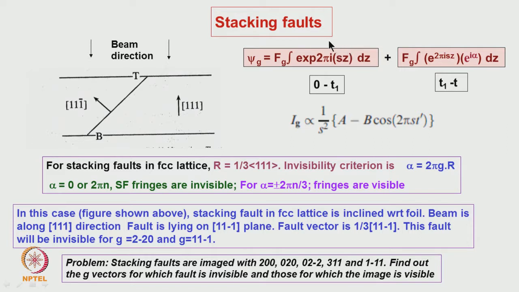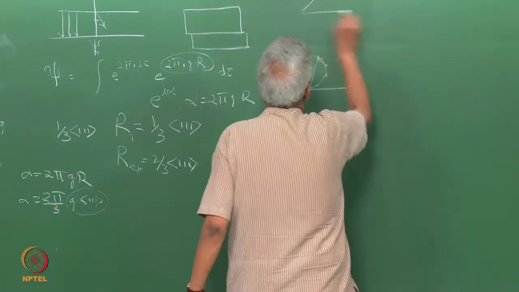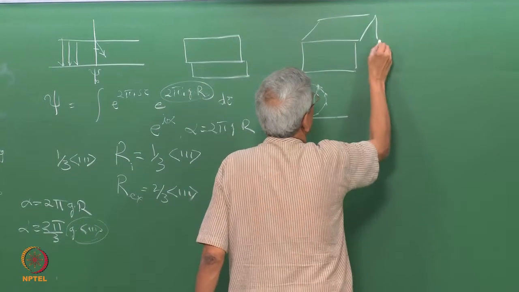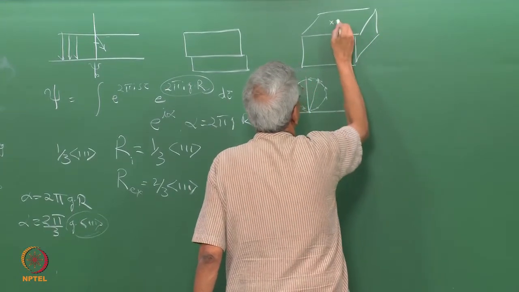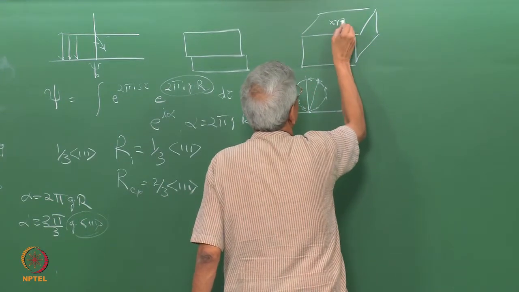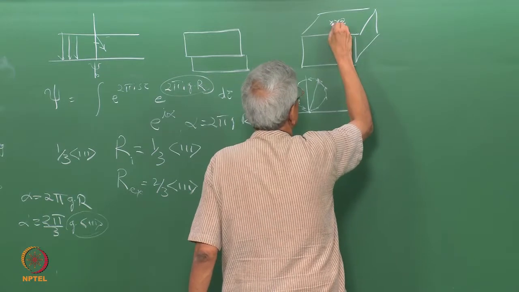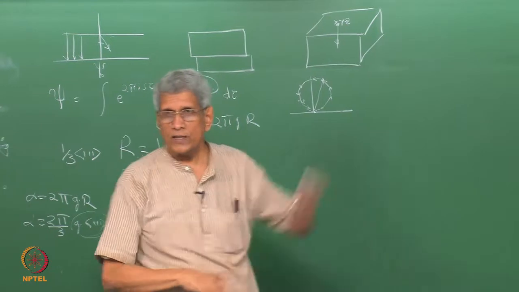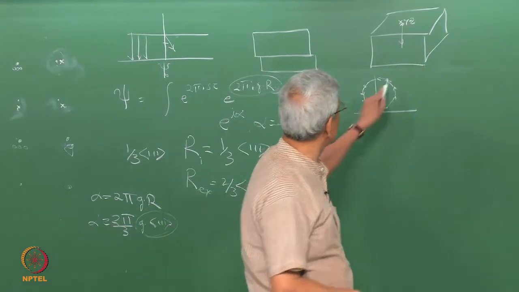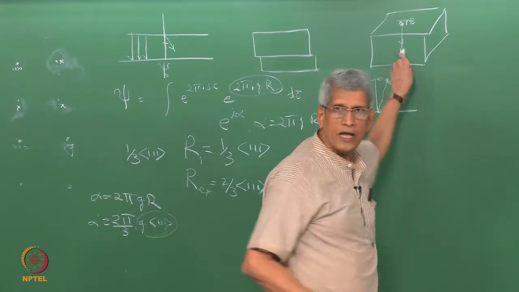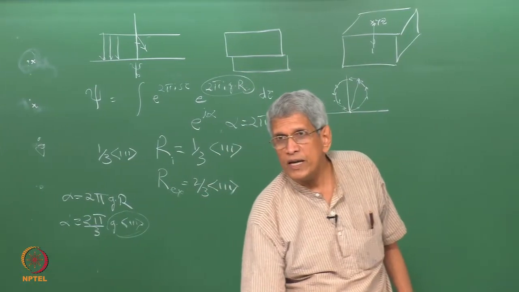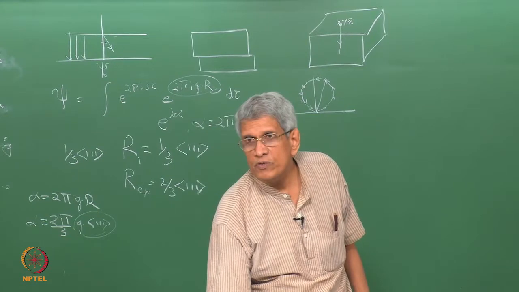If you look at the sample, if I write x, y and z, this is x and y, z is going to vary through the sample thickness. That is how we find the intensity at the bottom of this sample at every point. We have to do this for varying x and y.